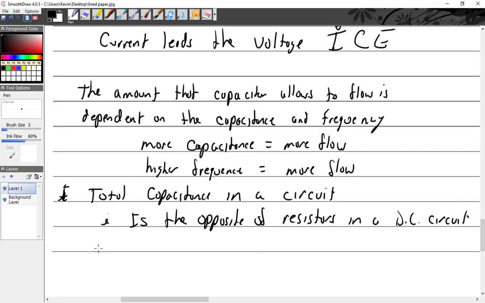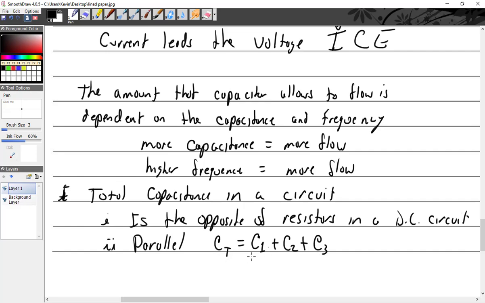So in parallel, the equation is C total, which is capacitance total, equals C1 plus C2 plus C3.